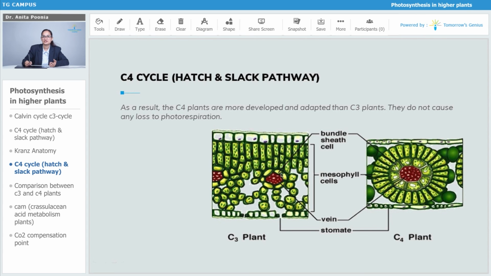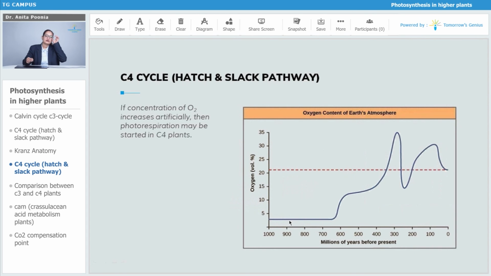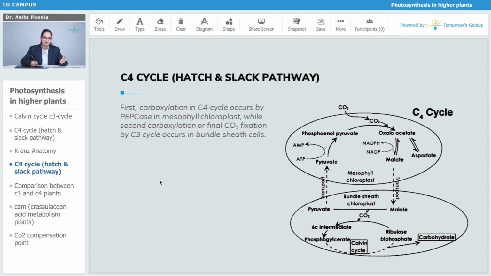You could see the bundle sheath, the mesophyll area, vein and stoma, and here you see the C4 plant, and you could see the stoma, the bundle sheath cells, the mesophyll area. Now, with respect to oxygen, if the concentration of oxygen is increased artificially, then photorespiration may start in the C4 plants.